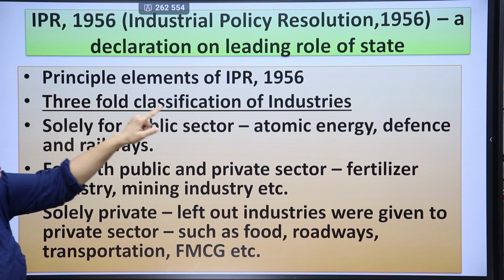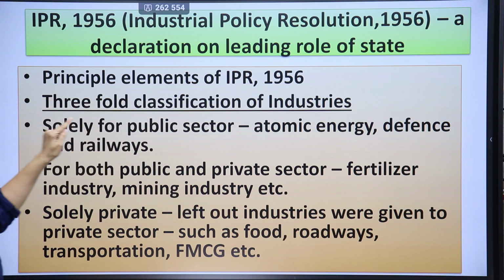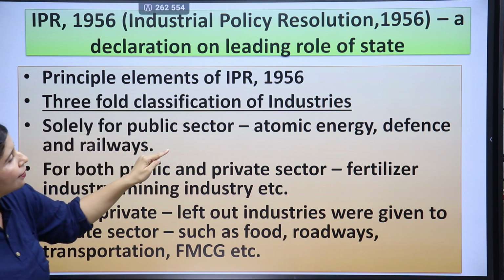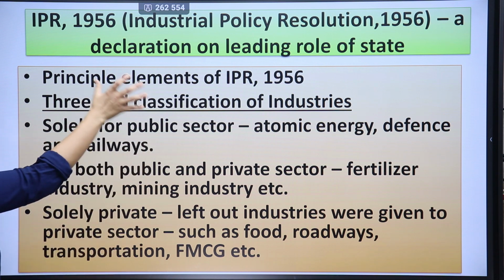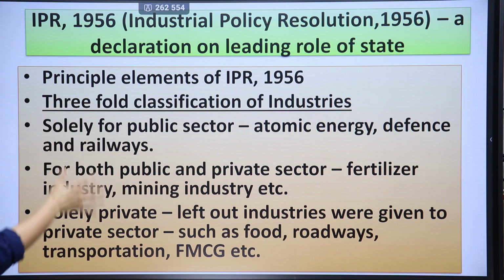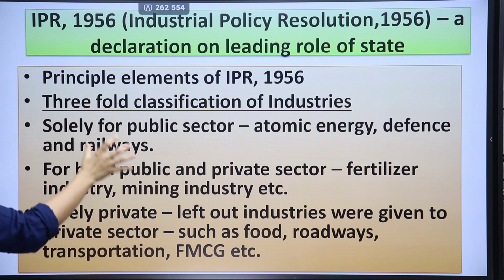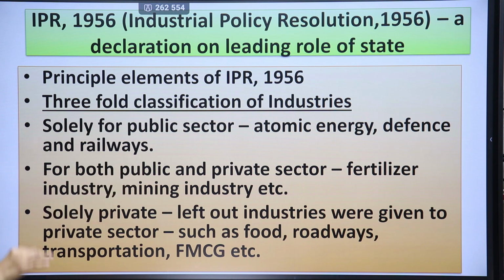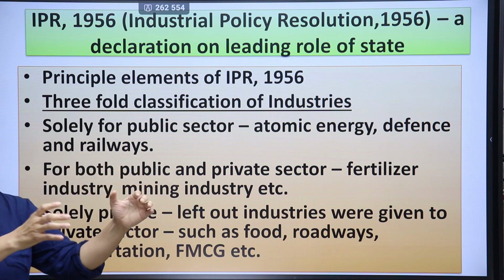The principal element of IPR 1956 is the classification of industries. Solely for the public sector: all the production activities were divided into 3 sectors. Number 1 is the type of industries which were solely reserved, given away solely. That means only the public sector could produce in those industries.